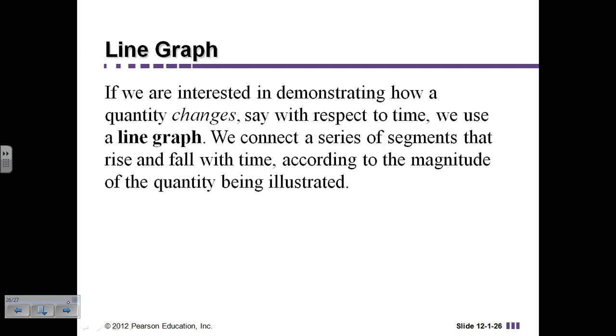Okay, so then we have line graphs, which if you do any evaluating of the stock market or anything, you'll see line graphs. And a line graph just simply shows you the progression over a certain period of time for data, and it shows you where it peaks and gets higher or where it drops down and gets lower.